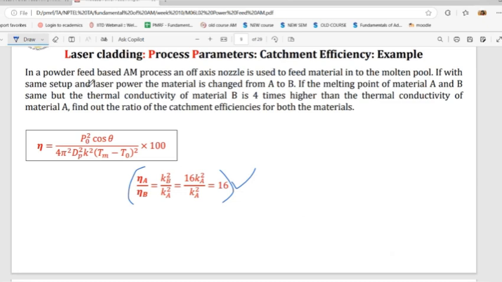If the laser power setup is changed from material A to B, and the melting point of materials A and B is the same but the thermal conductivity is different, and the thermal conductivity of B is 4 times higher than that of A, then the ratio of catchment efficiency will be the square of it, basically, the reverse and square of it. So you get this equation; at least this much is important.